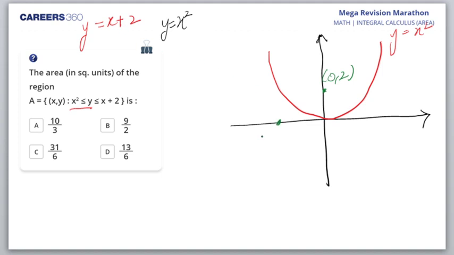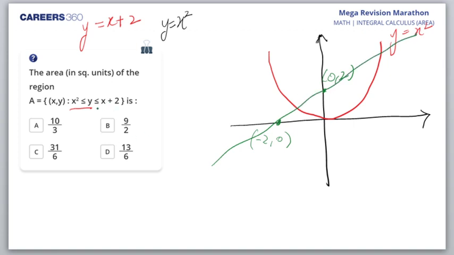So we have this x-intercept as minus 2 comma 0. Now I draw the graph. So I join these 2 points to get the line.